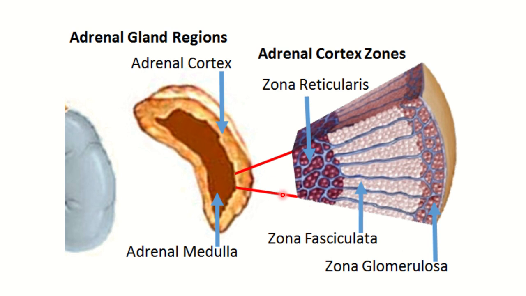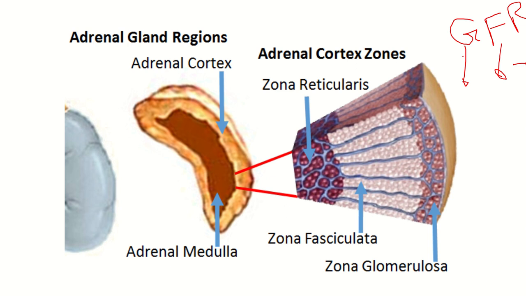It is easy to remember by a mnemonic, GFR, like glomerular filtration rate. Here G is the most outer part, zona glomerulosa, then F for zona fasciculata, and R for zona reticularis.